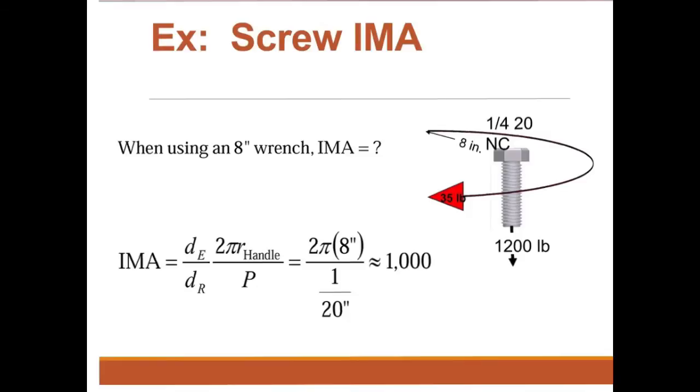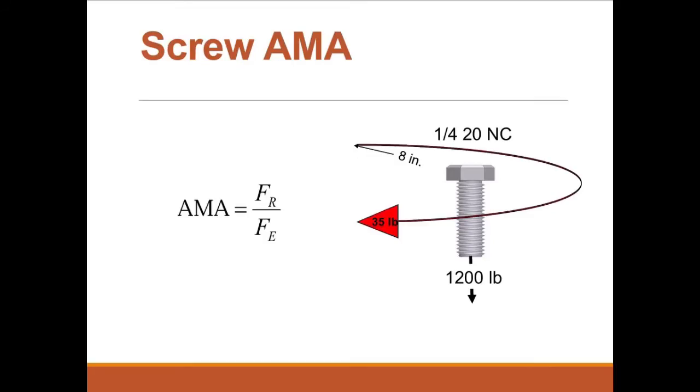To find my AMA for a simple machine screw, it's again the same formula you've been using before. AMA equals force resistance over force effort. So it tells me here that my force resistance, we're assuming it's whatever it's being screwed into, the resistance of that material, is going to be 1,200 pounds.